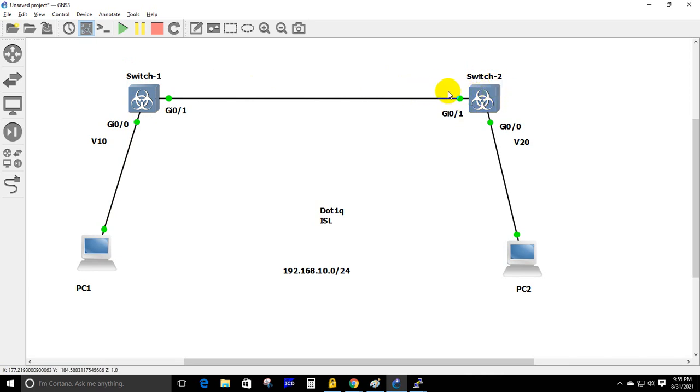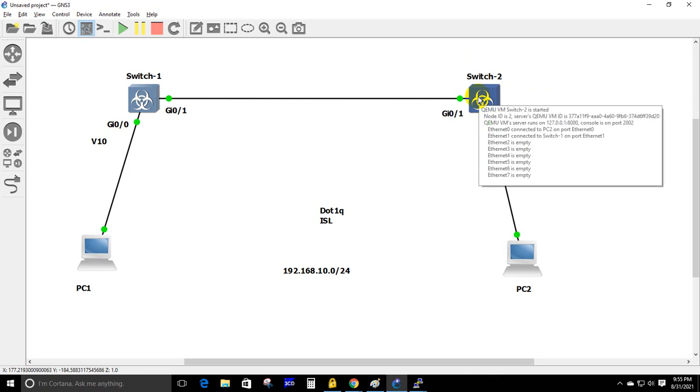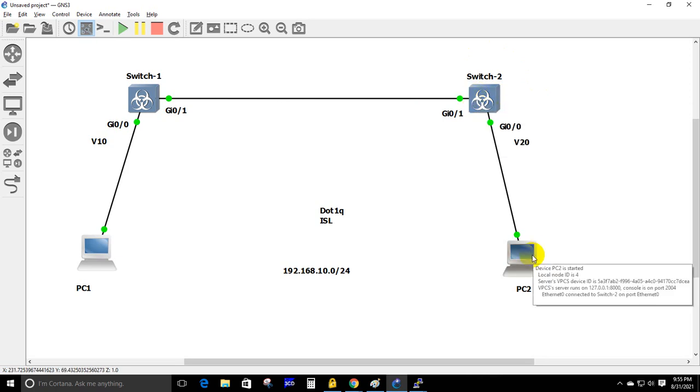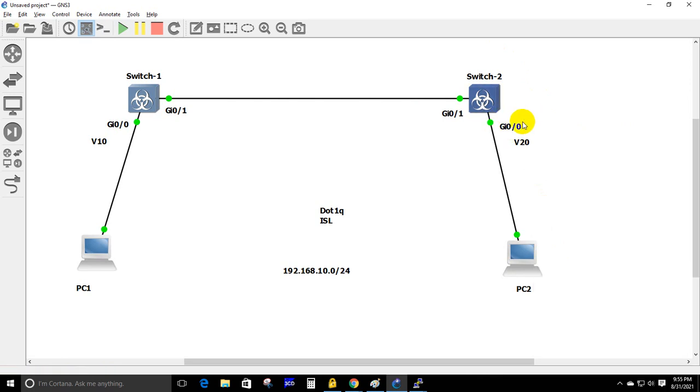Now over the trunk link, an untagged frame is received by switch 2. Switch 2 realizes that it is of the native VLAN, and my native VLAN is 20. This frame is destined to PC2, which is connected to the GI 0/0 port, also a member of VLAN 20, the native VLAN.